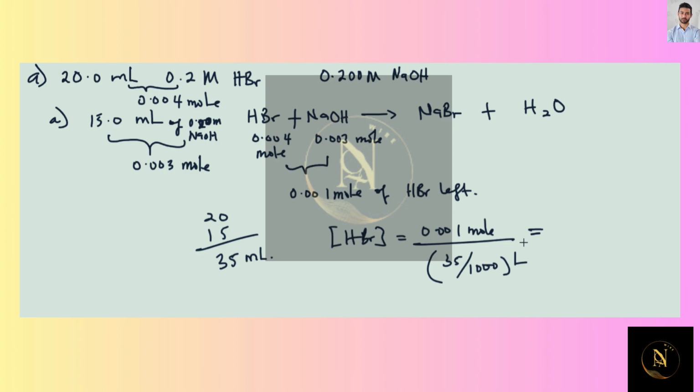So this will be 0.0285 molar. Then pH will be equal to the negative logarithm of that, and that will be 1.54.